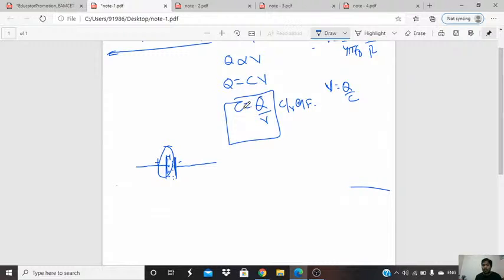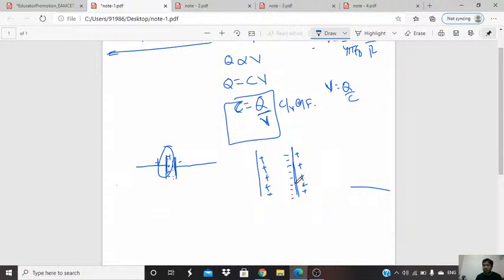So how can we increase the capacitance of a capacitor? By lowering the potential, because they are inversely related. For example, take a positively charged conductor plate. Now take an uncharged conductor placed near to it. Due to induction, equal and opposite charge will be induced on the other side.